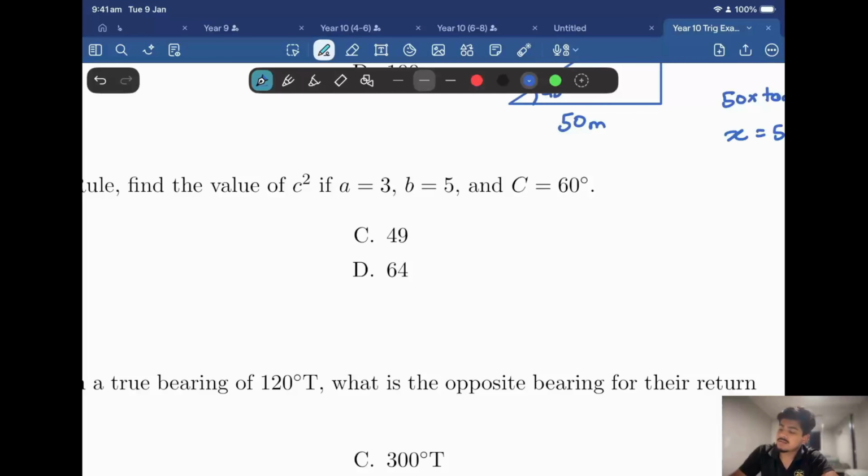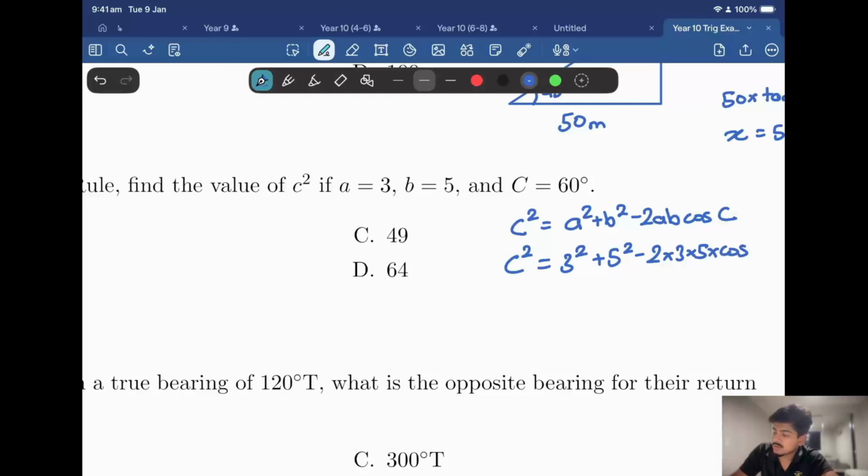Okay, so c squared is equal to a squared plus b squared minus 2ab cos C. So c squared is what we need to find. a squared is 3 squared plus 5 squared minus 2 times 3 times 5 times cos 60, and you're left with 19.